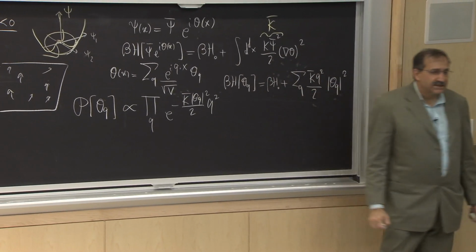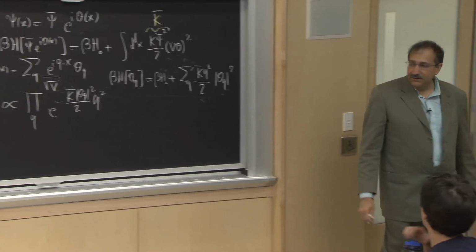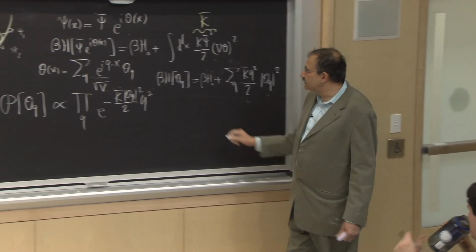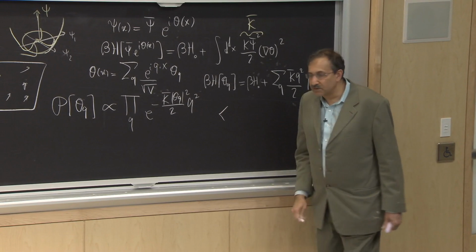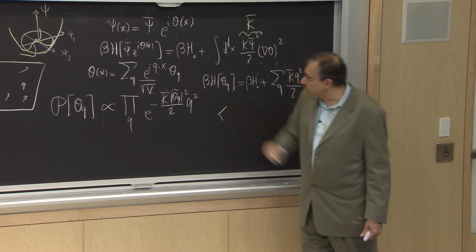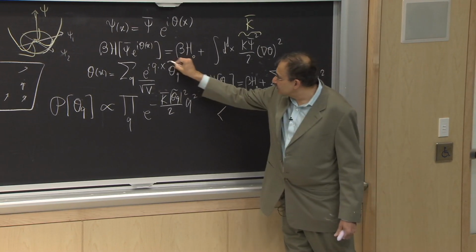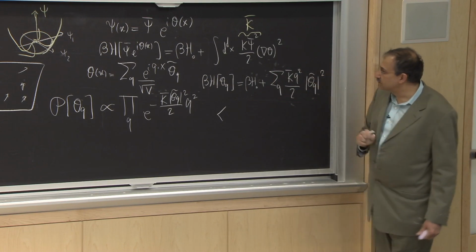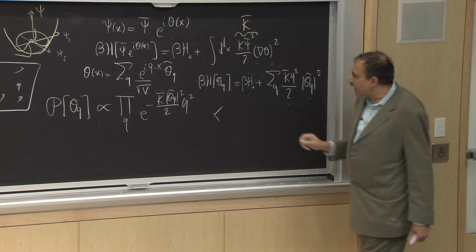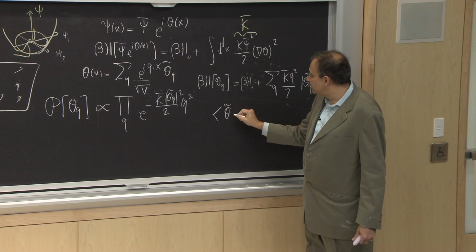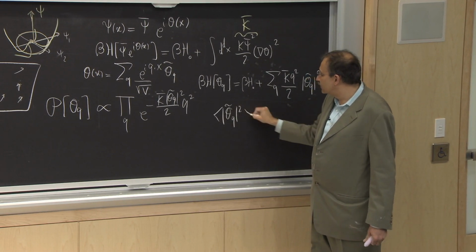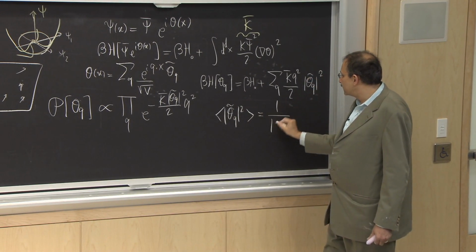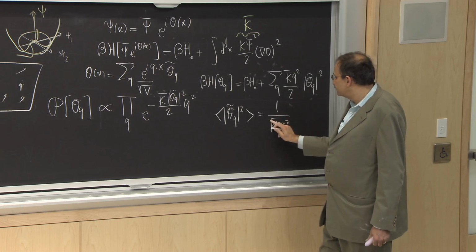So each mode is independently distributed according to a Gaussian, which immediately tells me the average of theta tilde of q is, of course, 0. Let's be careful and put the tildes all over the place. While the average of theta tilde of q squared is 1 over K bar q squared.